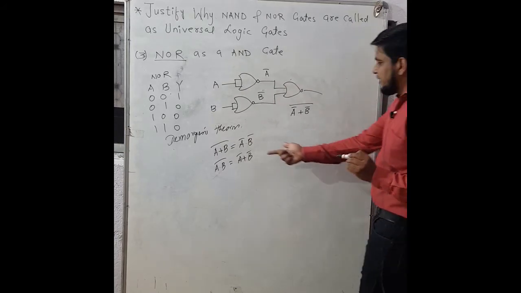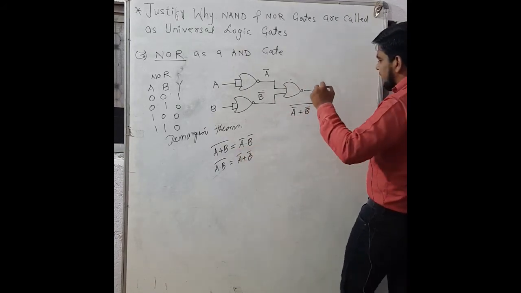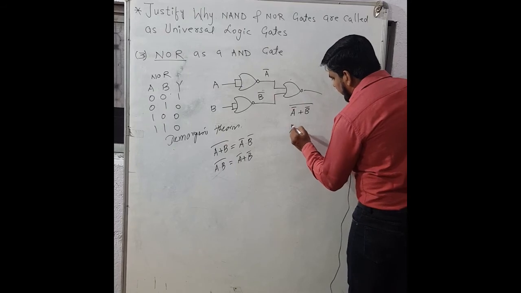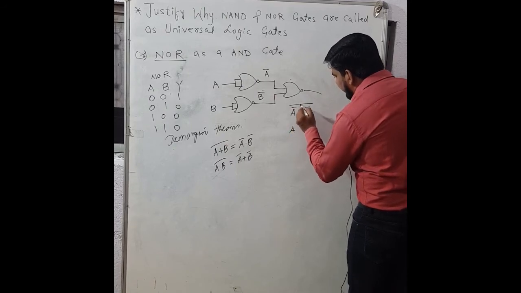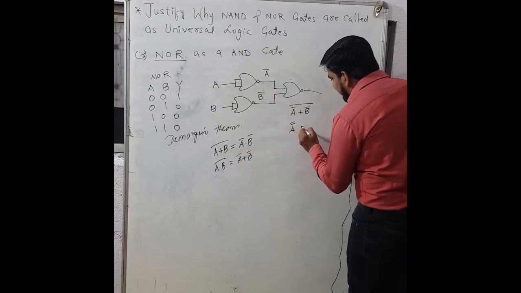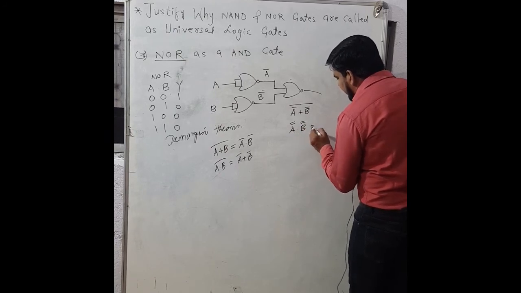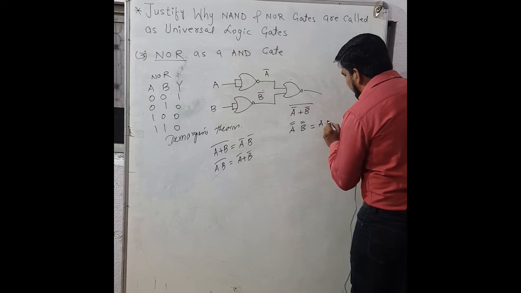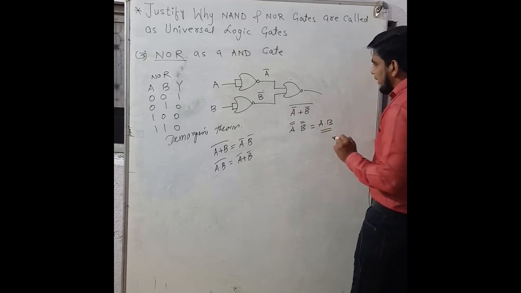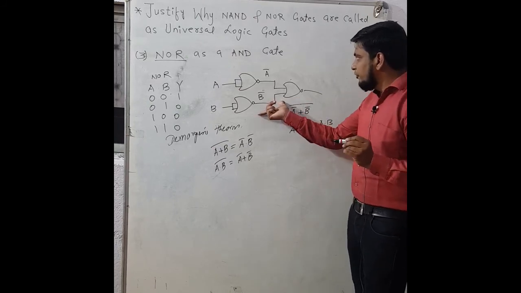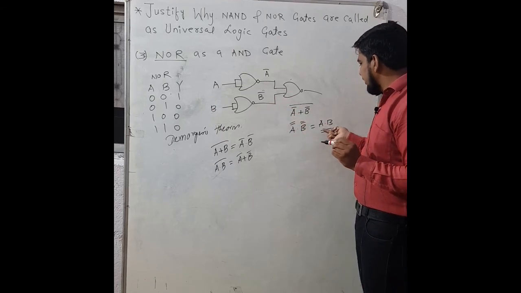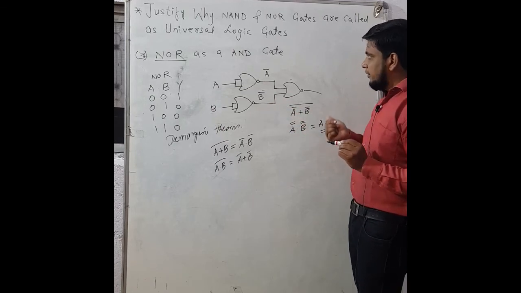So if you apply De Morgan's theorem here, then this bar will cut and this sum is converted into product. So A double bar dot B double bar, and complement of the complement is cancelled, that is nothing but A dot B. This is the output of an AND gate. With the help of this configuration, NOR can work like an AND gate.